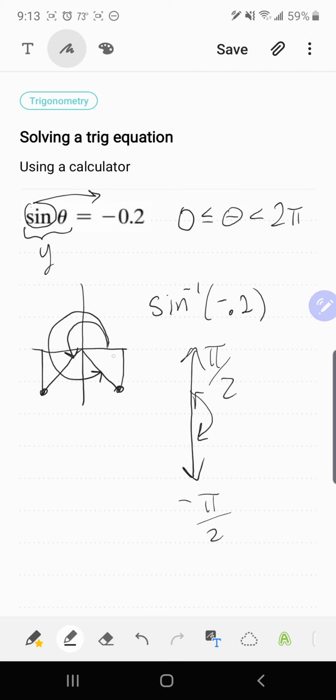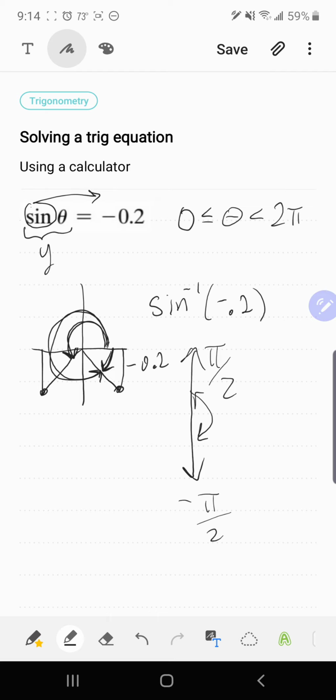Okay, so what does that tell me? That tells me that the angle from here to here is negative 0.2 radians, okay? So then how do I get the positive angles, knowing that this is negative 0.2?